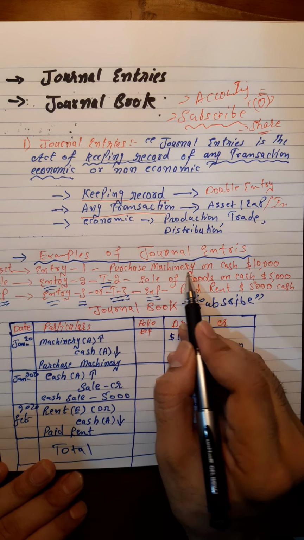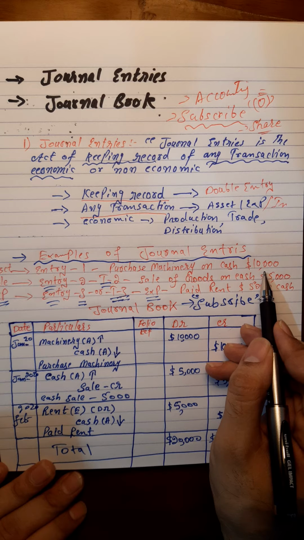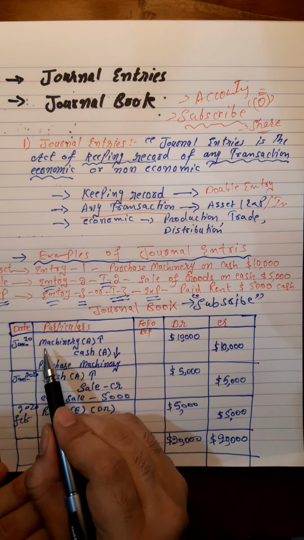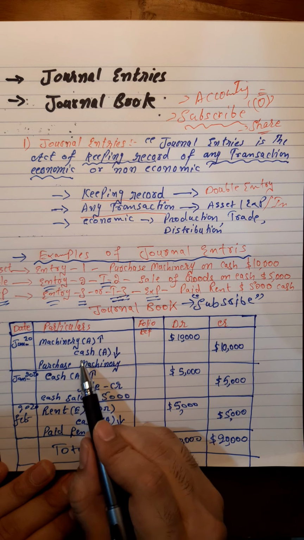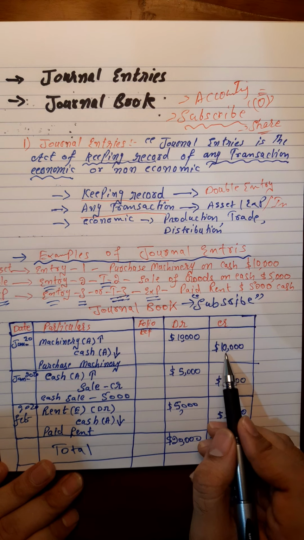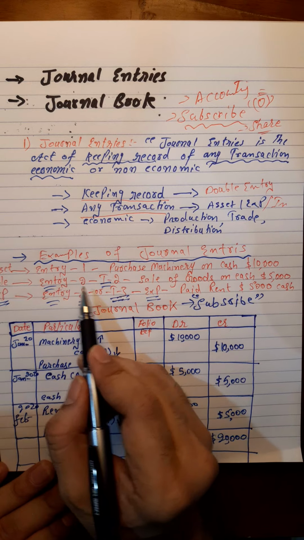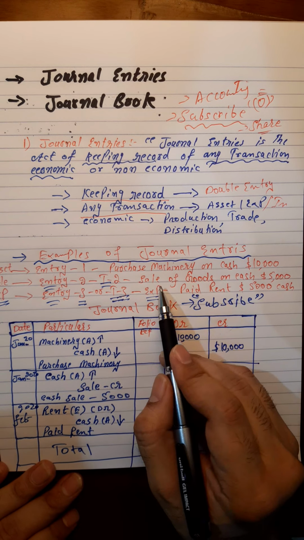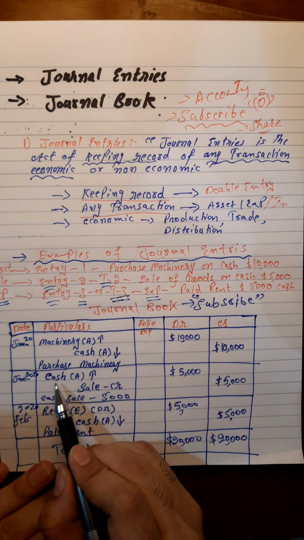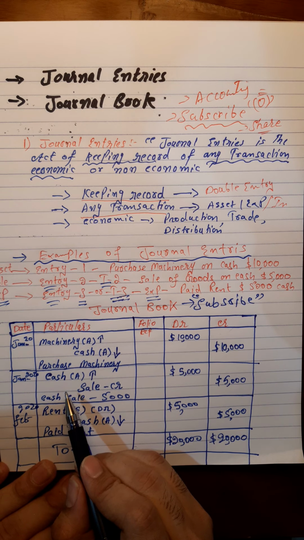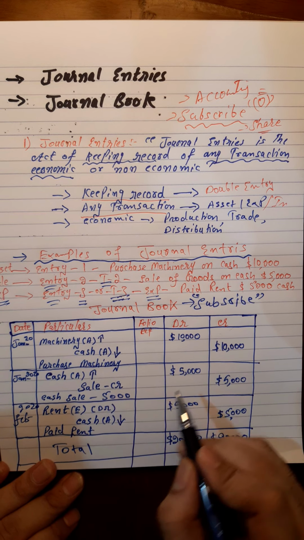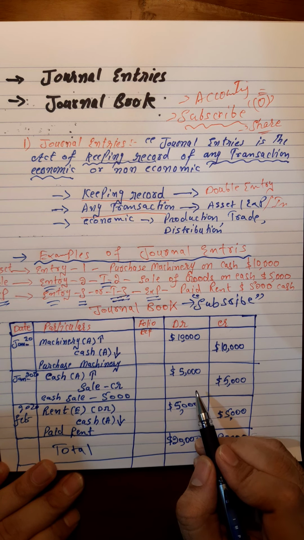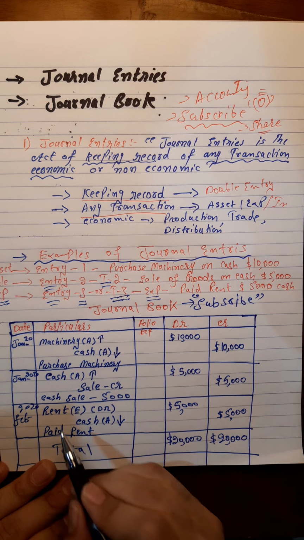Entry number 1, purchase machinery on cash 10,000. Machinery debit because asset increases, and cash credit because asset decreases. Second entry, second transaction, sale of goods on cash. Cash debit because asset increases, and sale credit because sale is always of credit nature in accounts.